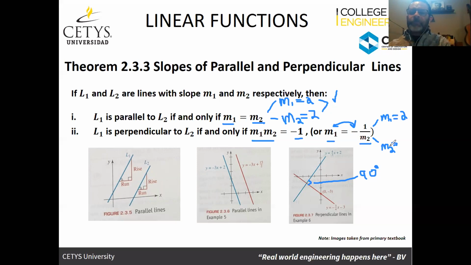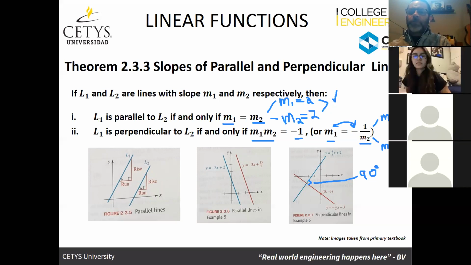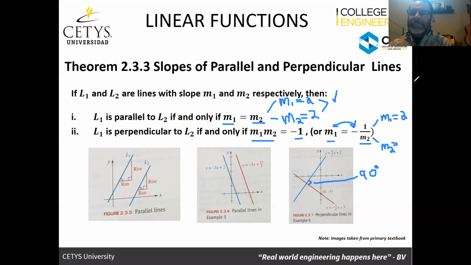The first answer was partially correct. It's negative, but what does it say here? If M1 is 2, then the other one has to be? What do we have here? -1/2. Correct, Andrea.